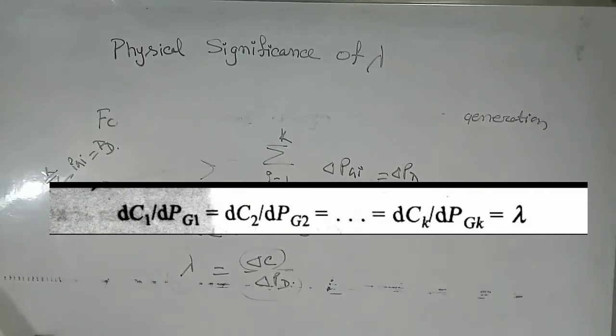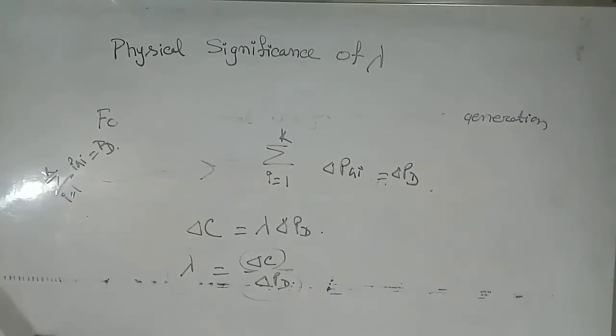We establish the procedure for dC1 by dPG1 equals dC2 by dPG2 equals dCk by dPGk equals lambda. Now if the cost curves are quadratic, then the problem reduces to the linear case.